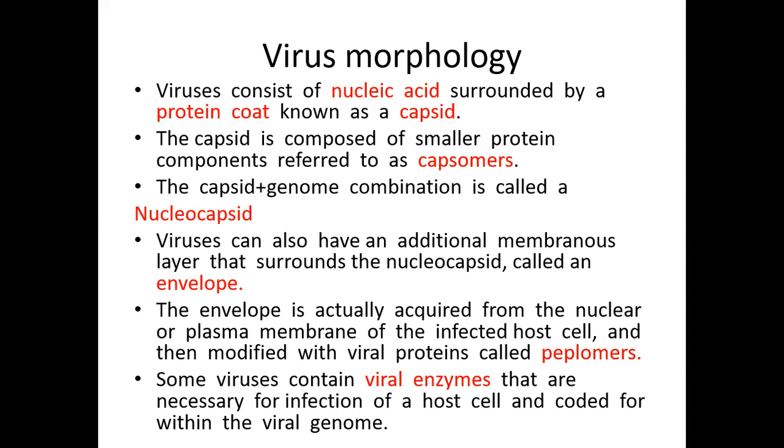The capsid and genome combination is called the nucleocapsid. Viruses can also have an additional membranous layer that surrounds the nucleocapsid, called an envelope. Viruses which have an envelope are called enveloped viruses. The envelope is acquired from the nuclear or plasma membrane of the infected host cell and then modified with viral proteins called peplomers. Some viruses contain viral enzymes that are necessary for infection of a host cell and are coded for by the viral genome.